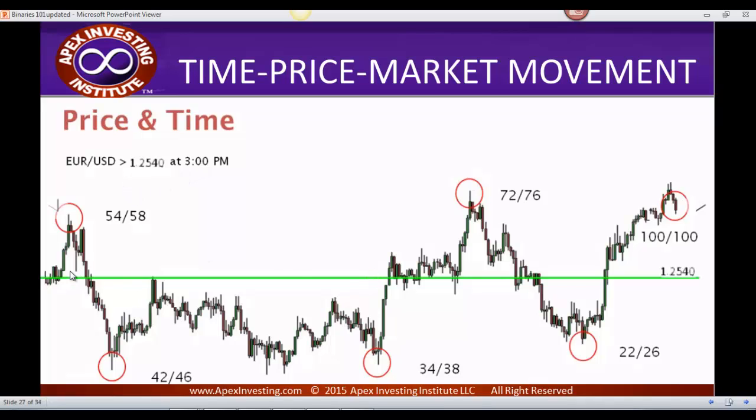All right, see this green line? This green line is 1.2540. That's the strike price of this binary contract. So, what that statement is saying is if I buy it, I think that at expiration over here at 3 p.m., the market will be above 2540.